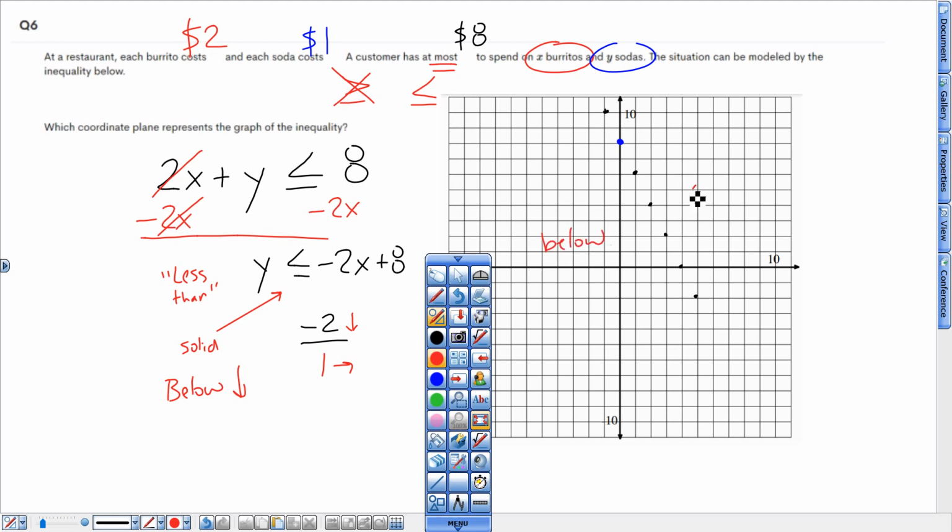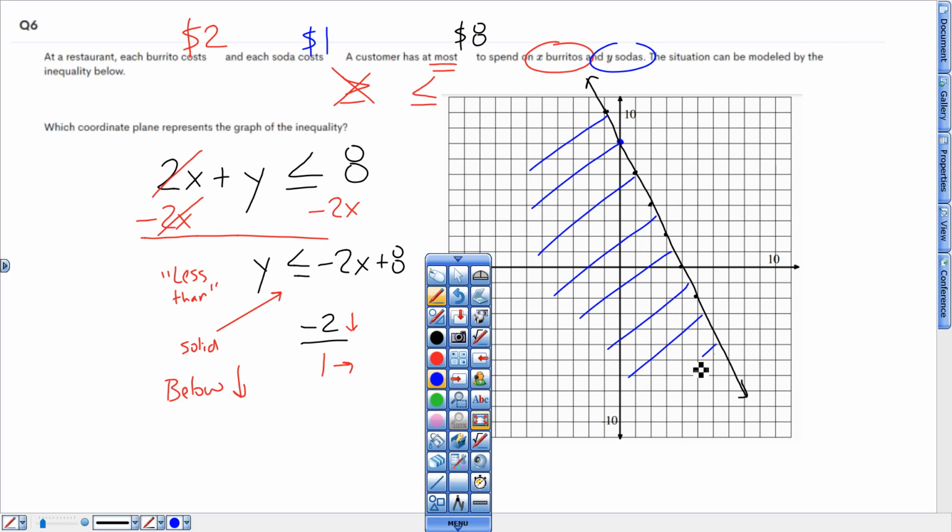This is above. So when I draw my solid line, because of that inequality, I'm going to shade everywhere below it. I'm going to put arrows on the end of my line. And then since this is less than, I'm going to shade below. So that is my graph.